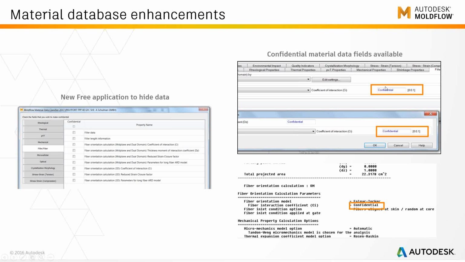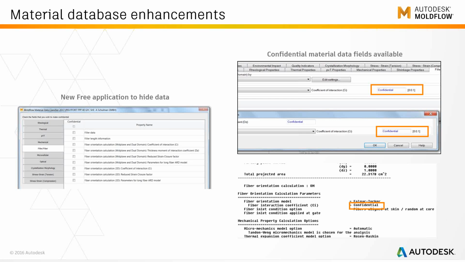So we have now extended the ability to hide certain data fields. Like I said over here, this is how it would look in the user interface, and the data fields that are hidden would also show up in the log file as confidential. We will accept in the commercial database, or the public database, very specific data sets to be hidden.